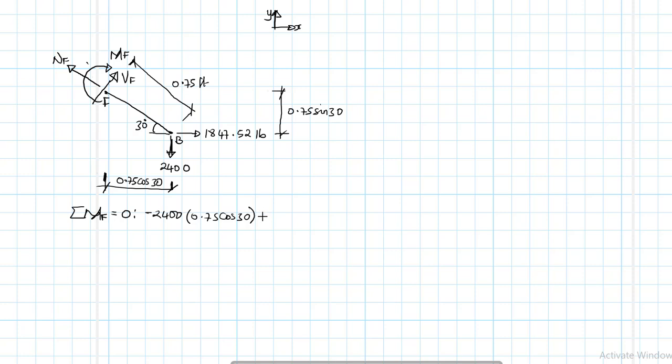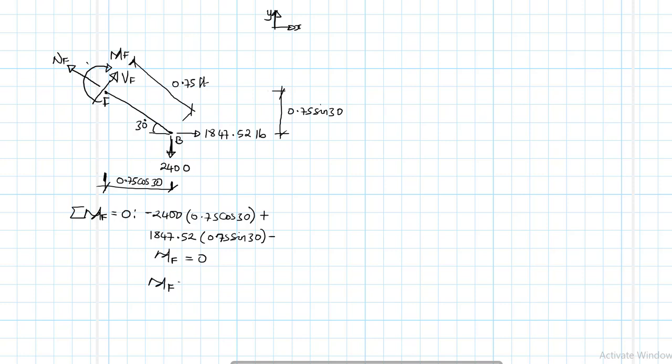And we have plus 1847.52 by 0.75 sine 30. And then we have minus MF is equal to 0.